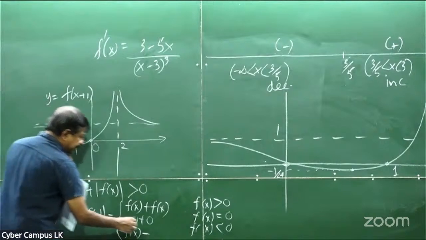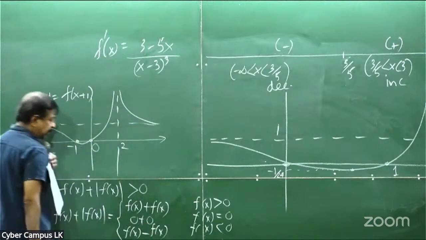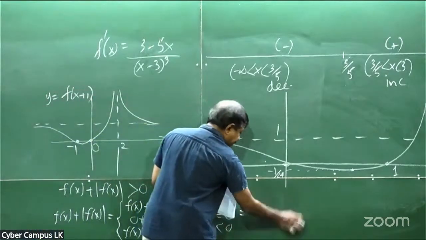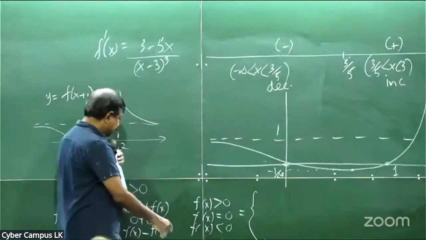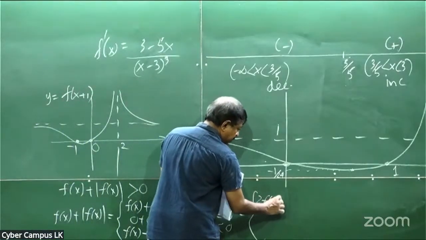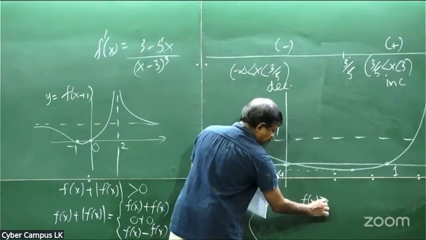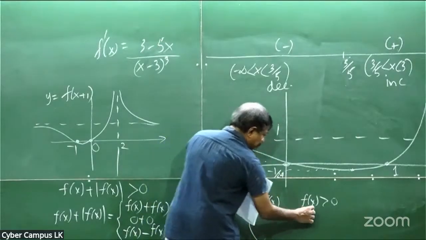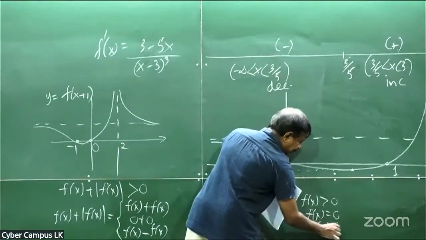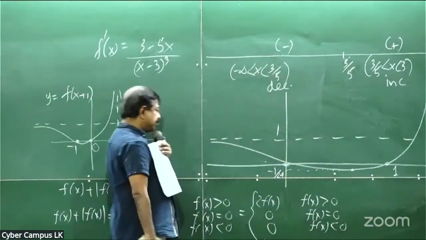However, mod f(x) is minus f(x). So that is also 0. So this is 2f(x) when f(x) is greater than 0, and 0 when f(x) is 0. When f(x) is less than 0, still it is 0.